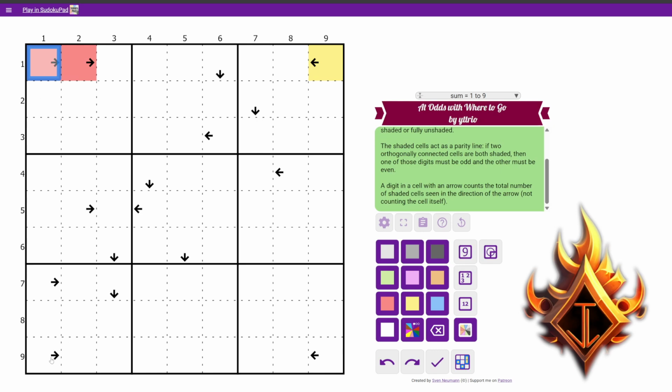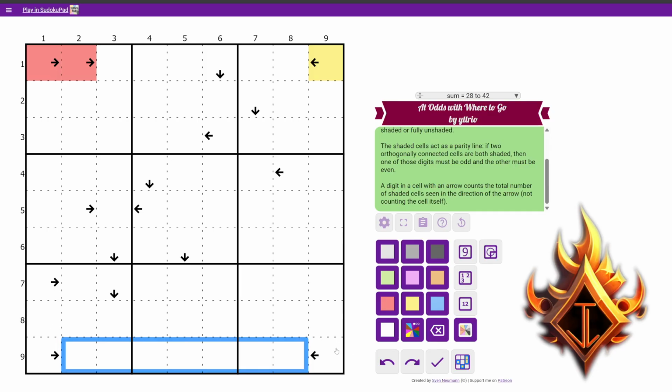And then if we were to look down here, and we were to think, can these two be the same? The answer is still no, because of the same concept as we had up here. If they're both shaded, then they're going to get the same total. If they're both unshaded, they're going to get the same total.